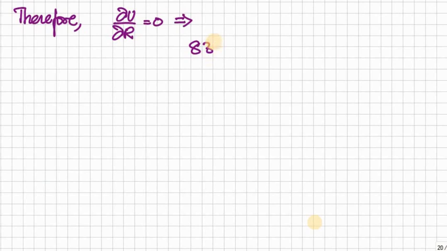Therefore, dou U by dou R is equal to 0 now gives, on summing all the terms, 837 R minus 472.5 W is equal to 0.